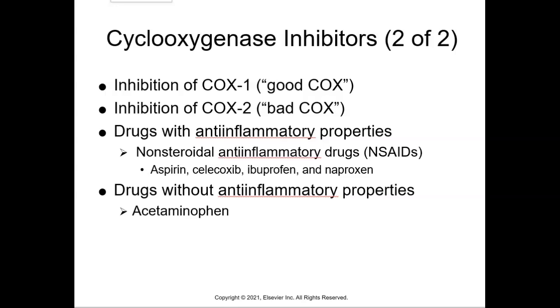When we go into the more current literature, it is interesting because there was a lot of data suggesting that this could be great.